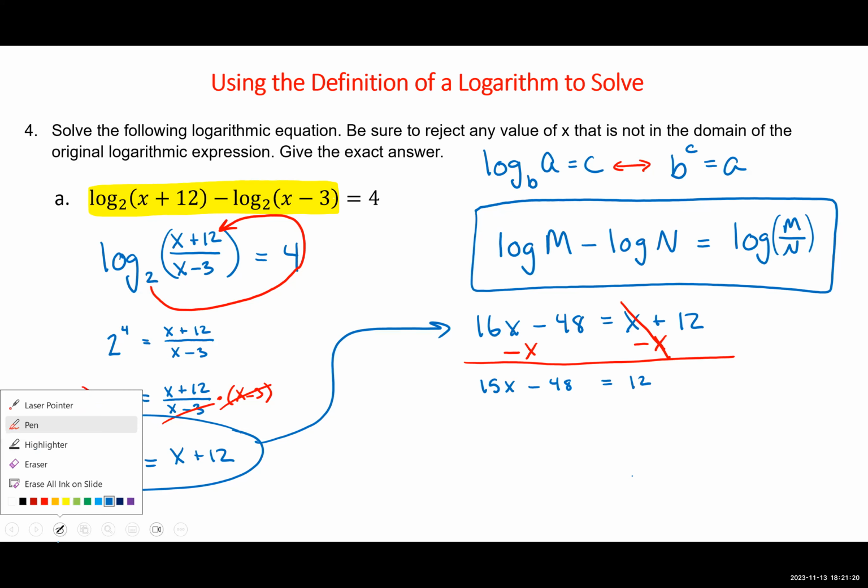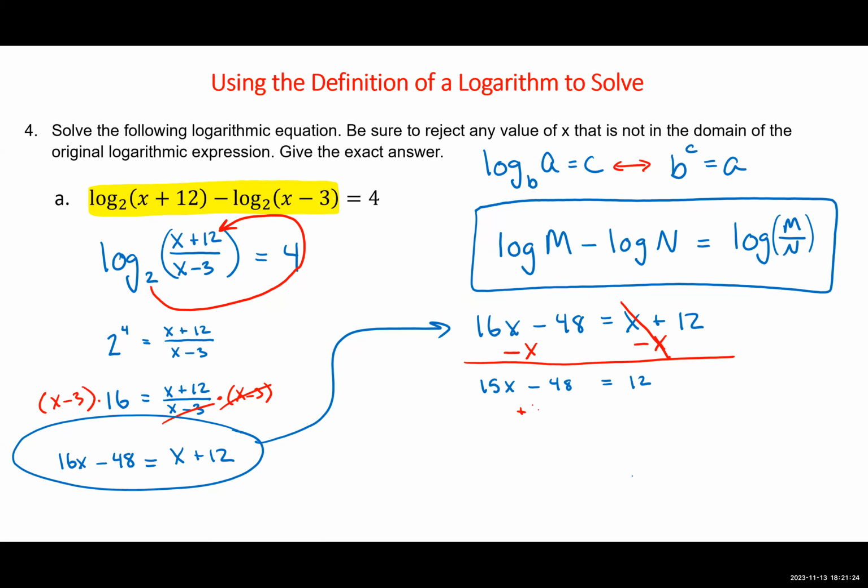We can add 48 to both sides. That'll cancel those 48s on the left. Well, we've got 15x is equal to 60.